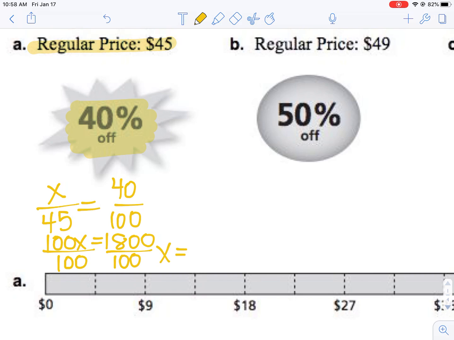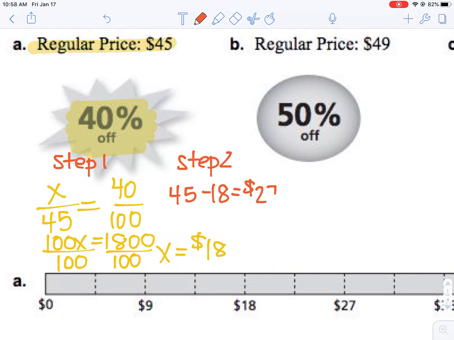So now you have to think about, what does discount mean? So when I think discount, I think the money off. So in step 2 of this problem, so this was step 1, step 2, I have to take my original price minus my discount to get the new price of the shoes, so $27.